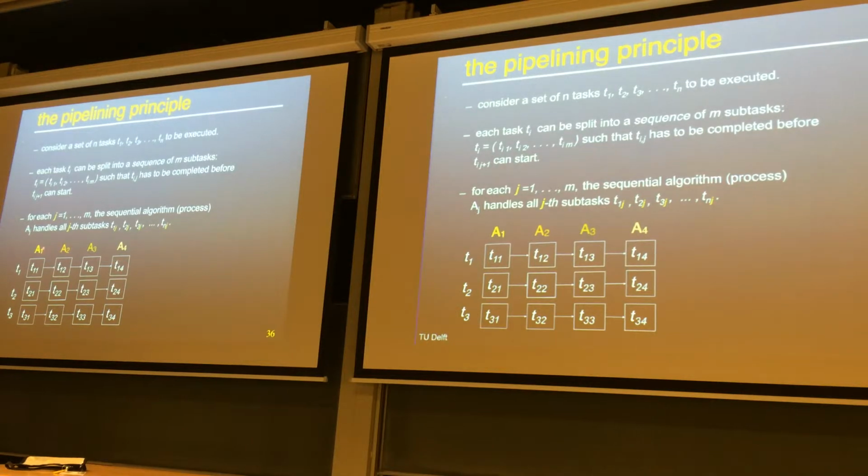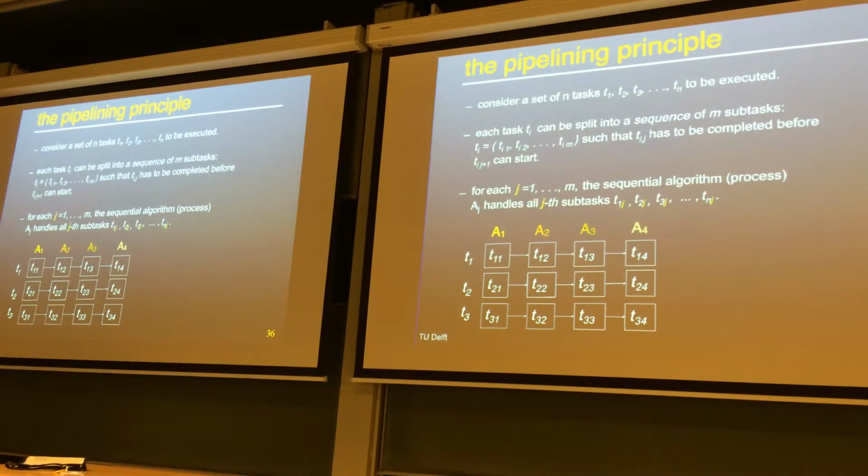Suppose that we have specialized algorithms A1 until Am, and these are specialized to the subtasks. So, for example, algorithm A1 is capable of performing the first subtask of every task, A2 the second subtask, and Am the last subtask.